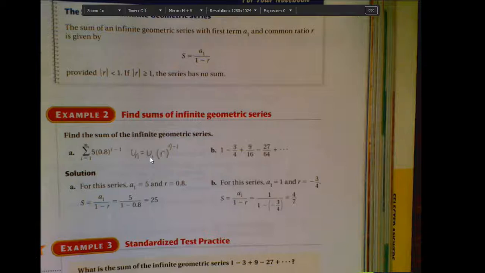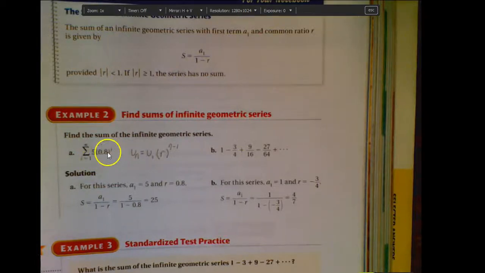If you weren't seeing that, or if we had something a little more unique, you could still figure out the first term. If I plug in a 1 for i, 1 minus 1 is 0. Anything to the 0 power is 1, times 5 is 5, and that would give me my first term of the sequence, simply by plugging in a 1 for i, or n, or whatever letter is there.